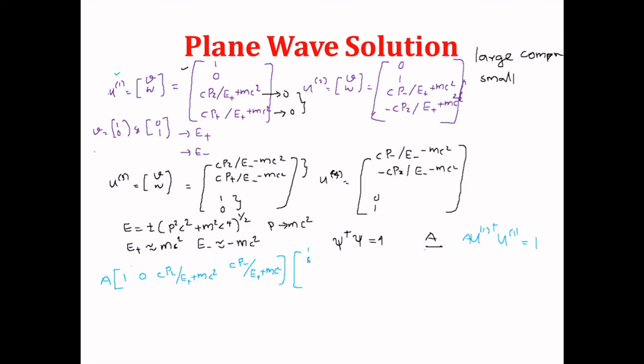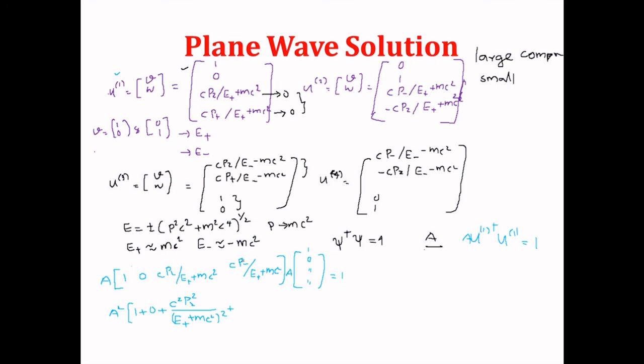Into this particular matrix, that is 1, 0, and then the remaining two terms. Here also, this equals 1. So we can write A square into, when you multiply, the first term is 1 into 1, that is 1. Next is 0 into 0, 0, plus C square Pz square by (E plus mc square) the whole square, plus, now there is one term P minus into P plus.